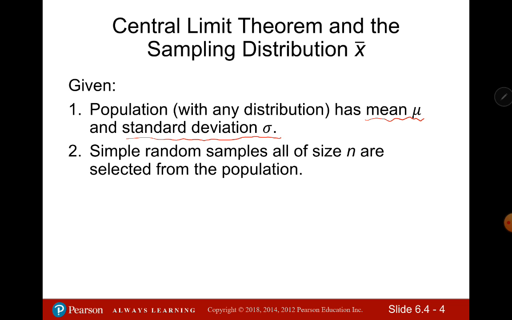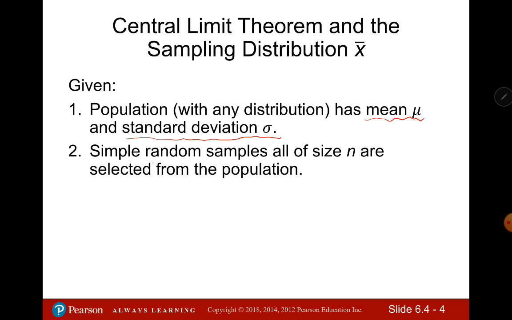It's not necessary for the population to be a normal distribution. The population can be any distribution, but its mean is mu and its standard deviation is sigma.